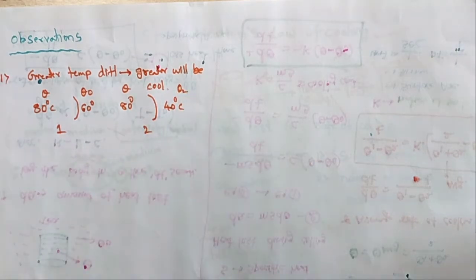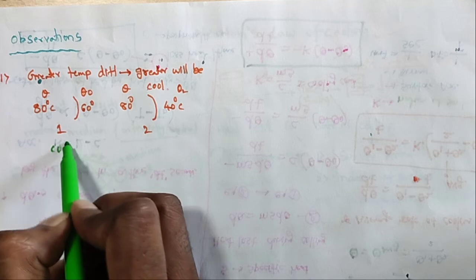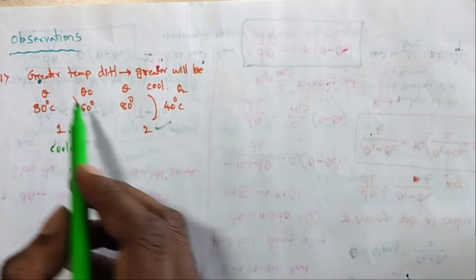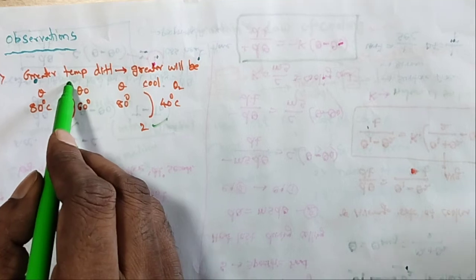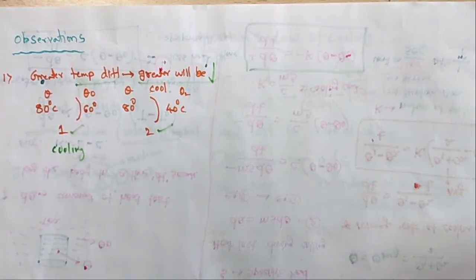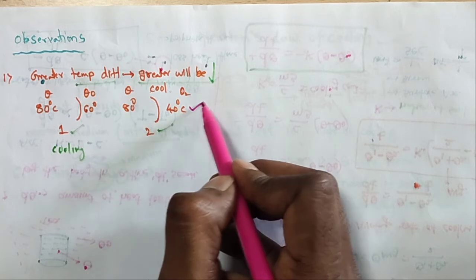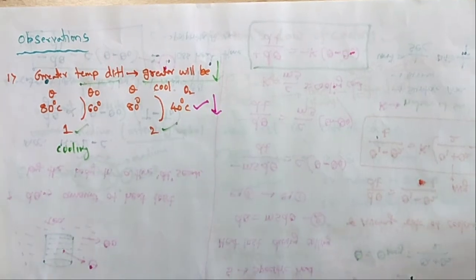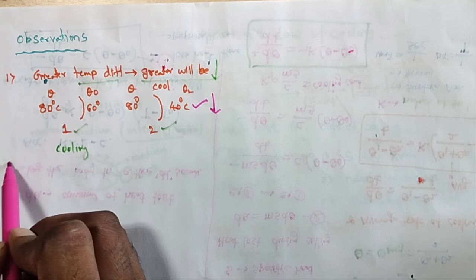In these two cases, which is very fast cooling? The one with the greater temperature difference will cool more. Therefore in the second one, cooling is very fast. This is the first observation.